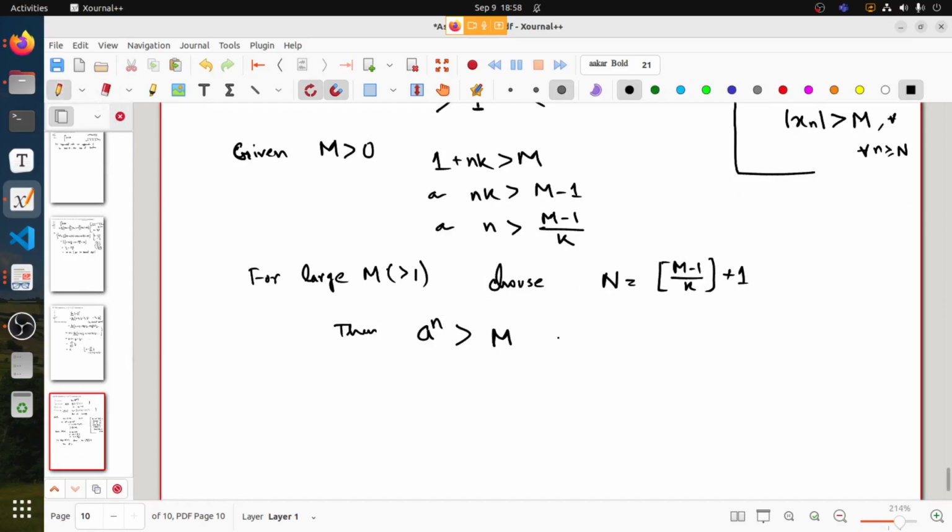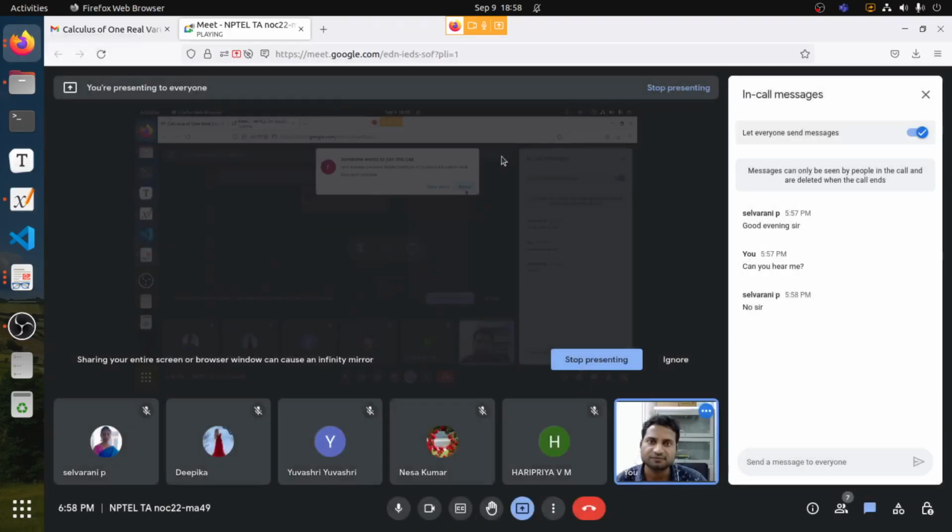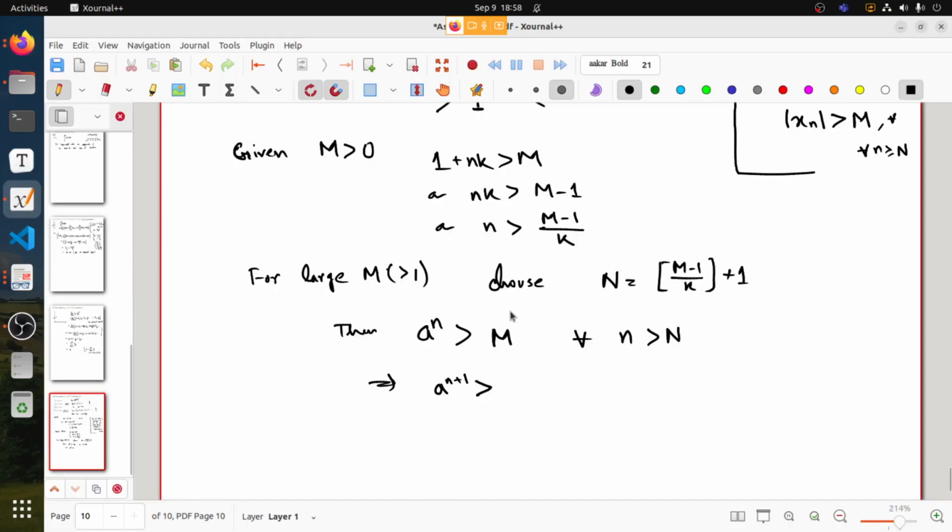So this will be greater than a to the power m, greater than m for all n greater than this n, right? So then a to the power n plus 1 will also diverge, because a is greater than 1. Also means from here you can say a to the power n diverges to infinity.